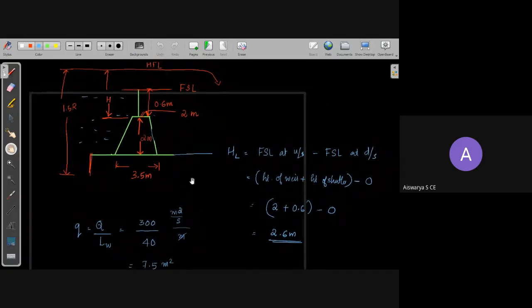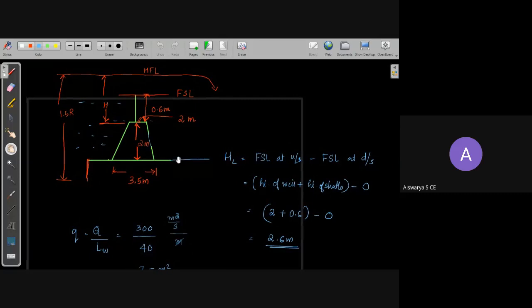So we have started doing the problem. First we found out the head loss, the total head loss. Head loss is basically the total head available. So you need to subtract the full supply level at the downstream end from the full supply level at the upstream end. In this problem, there is no water level at the downstream end, so the full supply level at downstream end is 0.